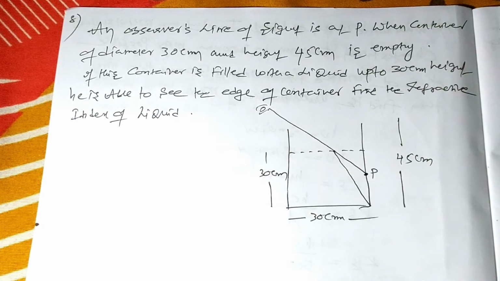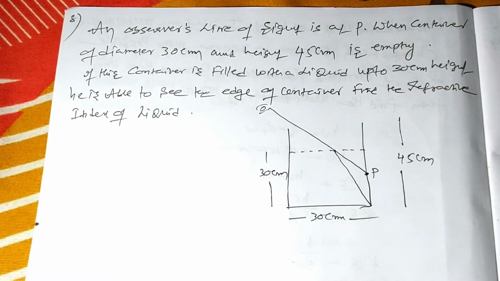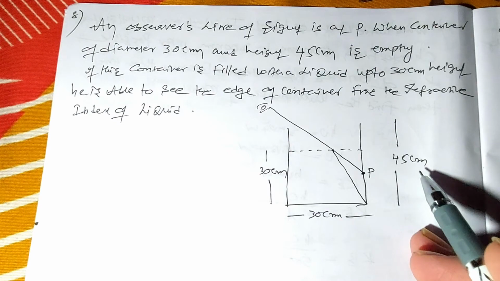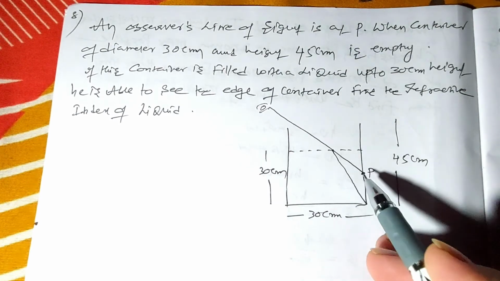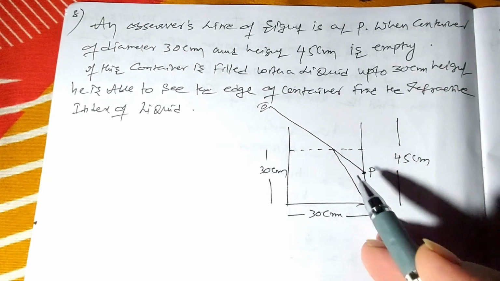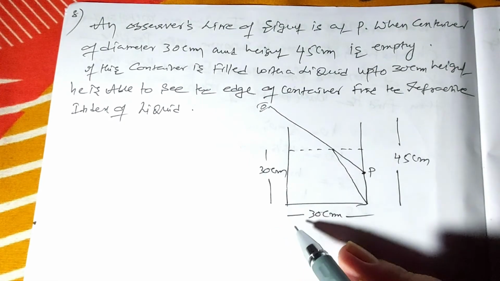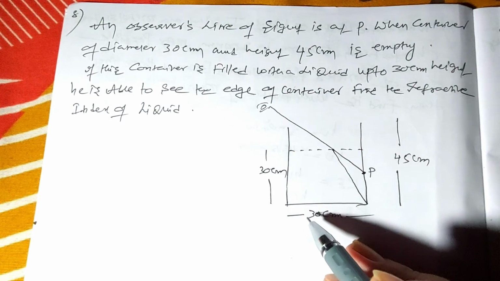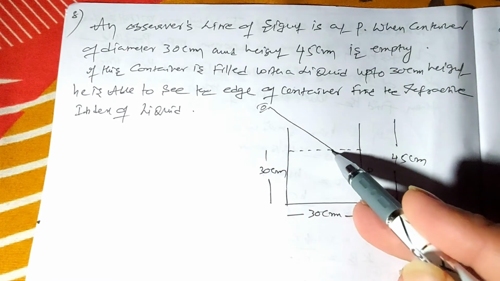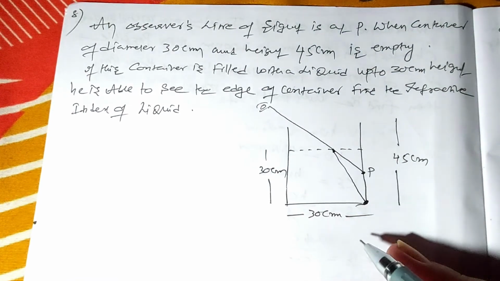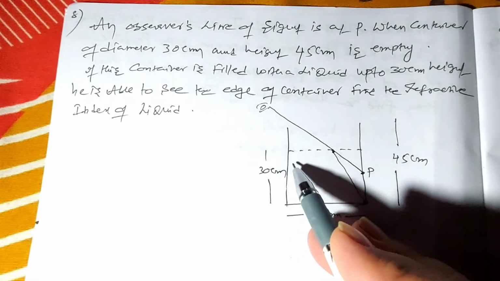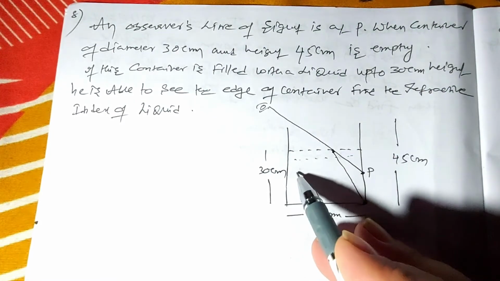If this container is filled with liquid up to 30 centimeters height, he is able to see the edge of the container. Find the refractive index of the liquid.